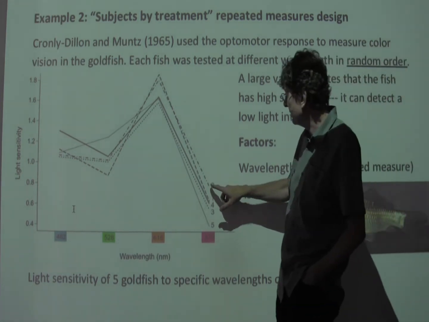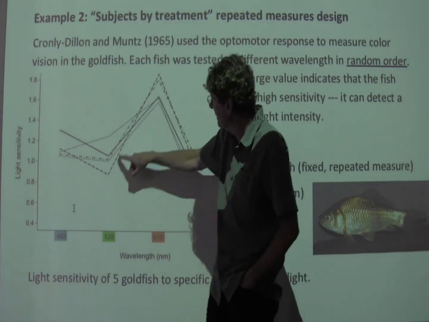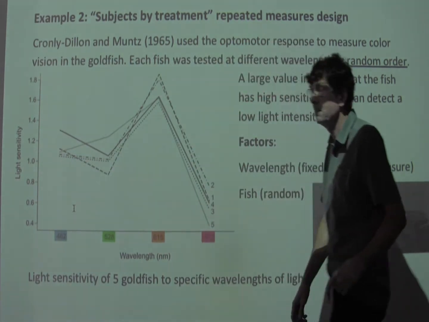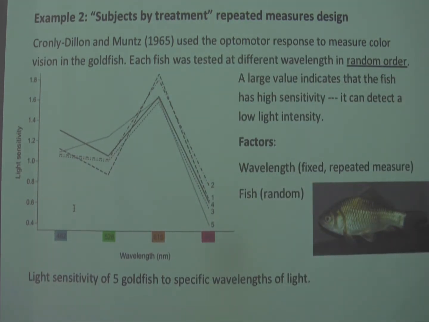And it's an interaction plot, so this joins the measurements made on the same individual. Each individual was tested just once per treatment. So it's a repeated measures design, but each repeat measure is on a different treatment, a different light treatment.